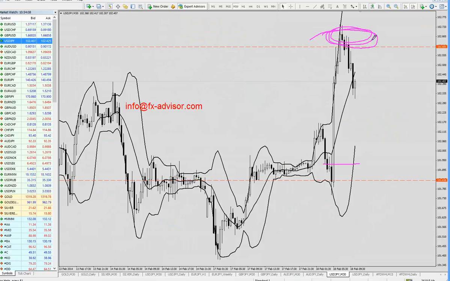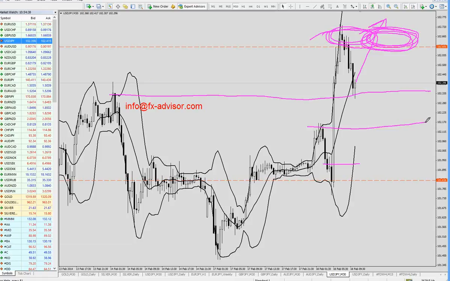Now, it depends on what's going to be the price action and what's going to happen if we go back again towards the selling area. There is a possibility that we are going to turn around completely, meaning closing long and opening short. But for now, we are quite happy to be on the long side. Let's see what's going to happen.